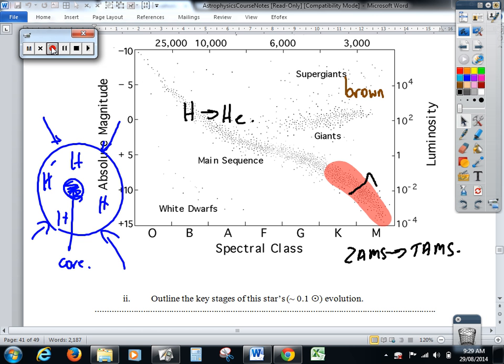Okay, so after the fusion stops in the core, no fusion happens, the star doesn't really shrink too much, it just simply is like Jupiter. Jupiter is just like a big ball of gas, it doesn't glow anymore, so it starts to cool down. As it starts to cool down, it will lose its red tint.